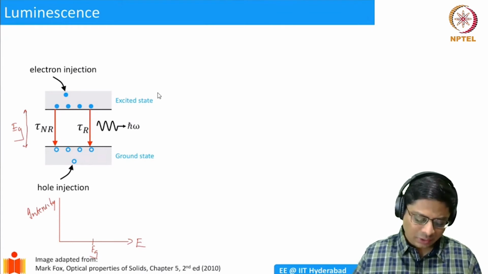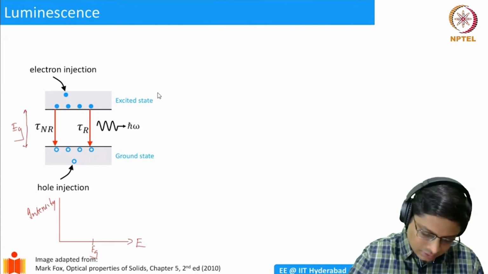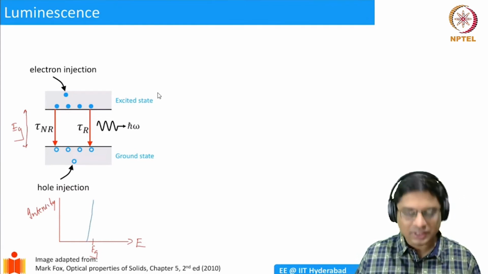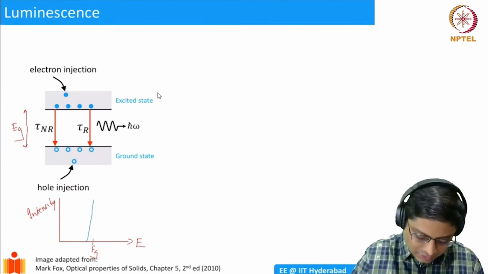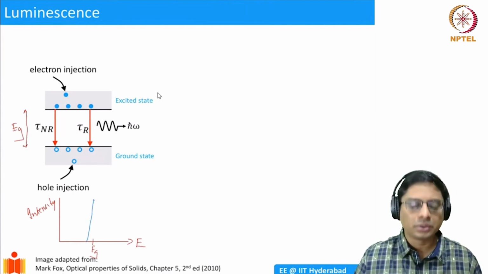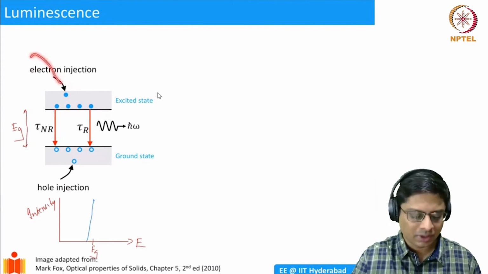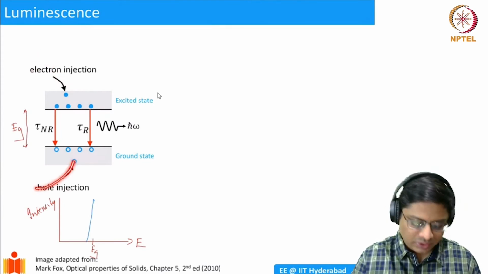It turns out that it will not be exactly sharp, but it will grow in this fashion. As you go higher, the intensity of the emission increases. Now, the other question is, let's say you somehow are injecting electrons into the conduction band, the upper state, and injecting holes into the lower state.